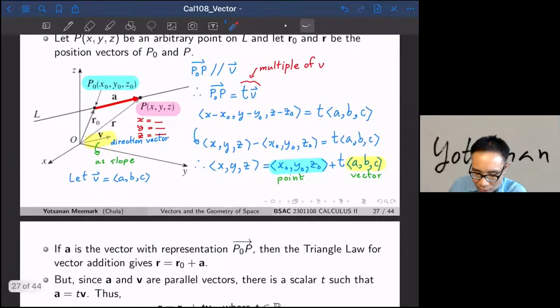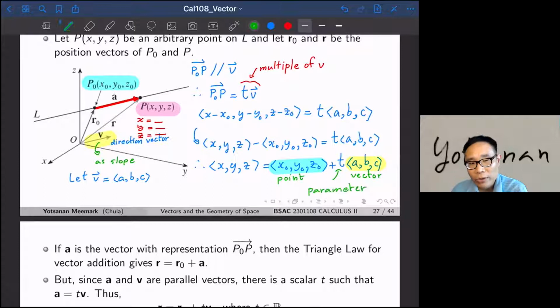The relation is x, y, z equals x0, y0, z0 plus t times a, b, c, and the letter t is the parameter.